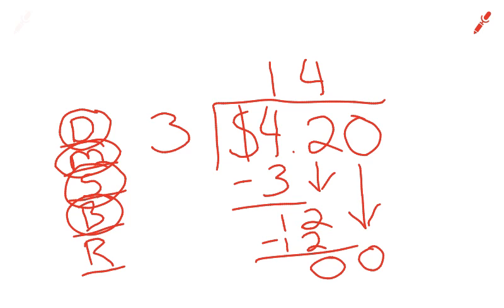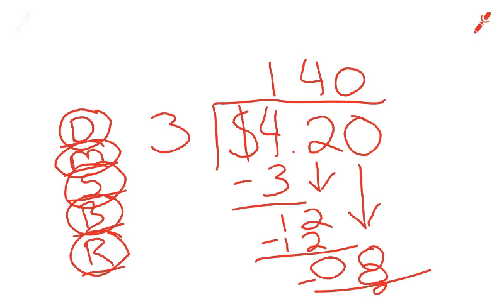And we need to do our rover step of still repeat here. 3 divides into 0 0 times. Now multiply 3 times 0. We get 0. Sister, subtract. 0 minus 0 is 0.